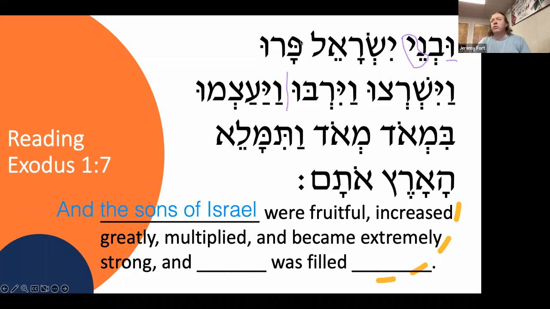So this is a verb form. It just means fruitful. Vayishretsu is another one that just means they expanded. It's a different word from gadol.